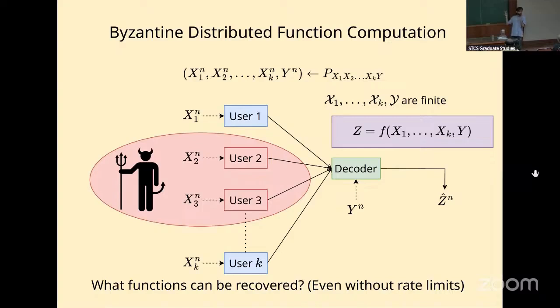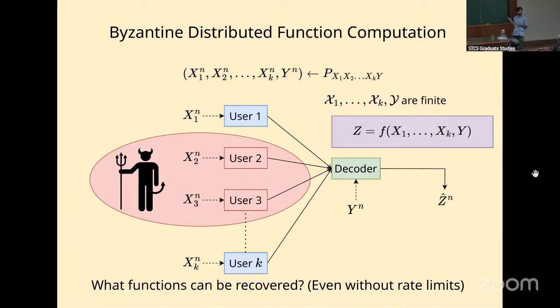Oh yeah, sorry. I forgot to mention the decoder has some side information, y, which is also correlated with the original sequences that the users get. The adversary cannot corrupt y. It cannot see y. The adversary can only see the inputs of the users it is corrupting.